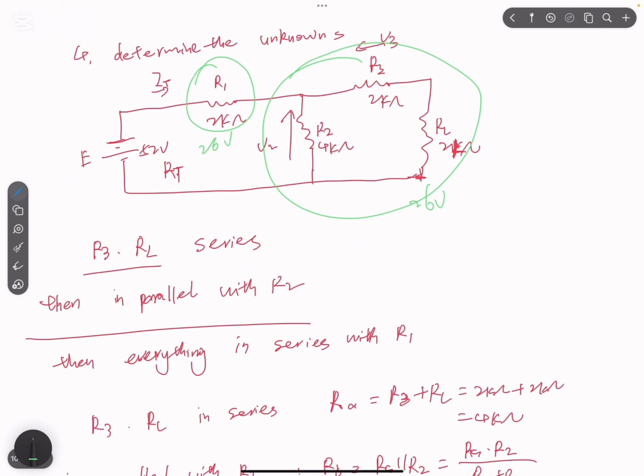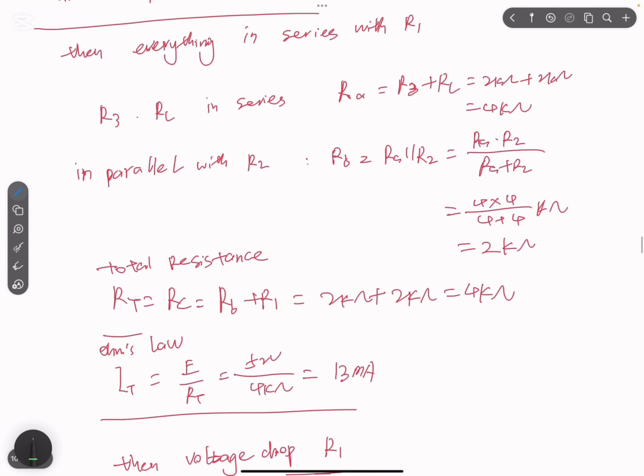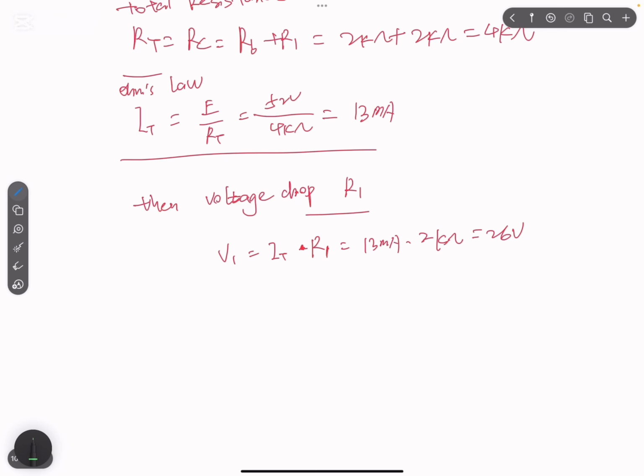So V2 is 26 volts, and we can find the current for R2. We can also find the current for RL and R3. So the total voltage for R3 and RL is 26 volts. We can find the current for that.